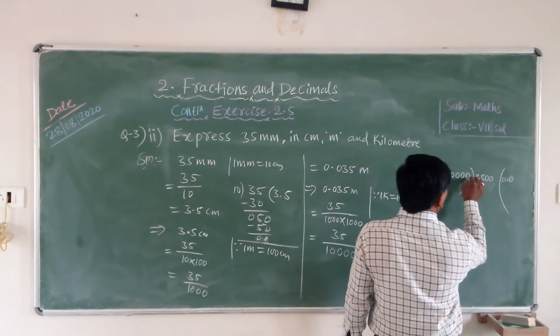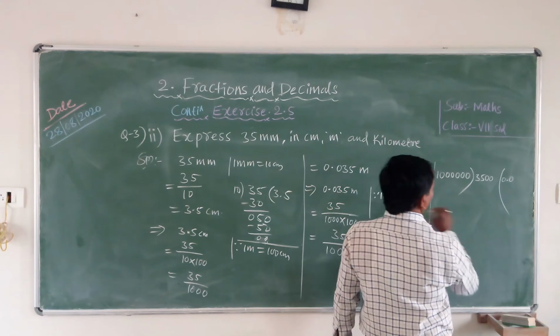3500 over. 1s, 10s, 100, 1000, 10,000, lakh. 10 lakh is there. 3500.